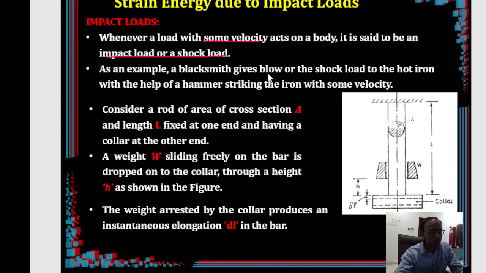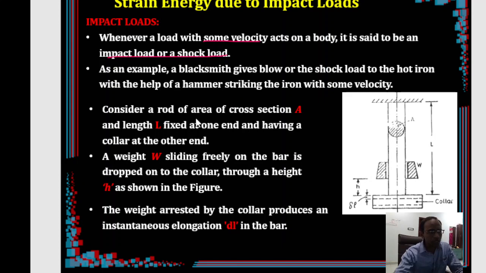Making hooks and so on. Or sometimes he will be beating iron bars which were very much heated, and with the help of a hammer he is striking it. So such a huge force. So that kind of loading that we are discussing here, impact load.